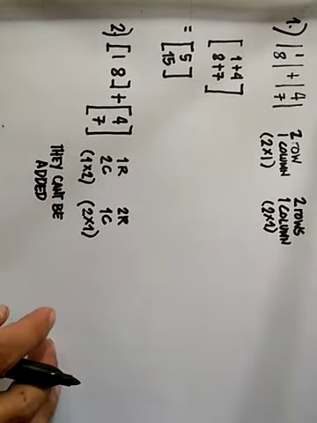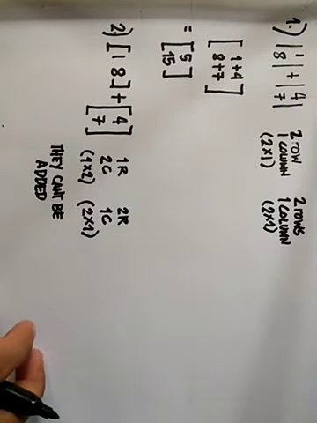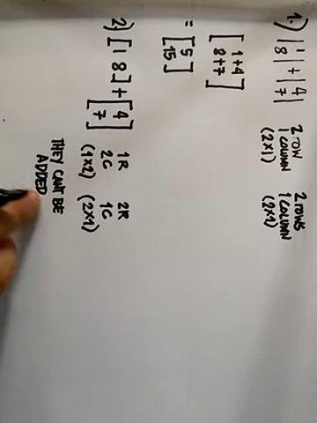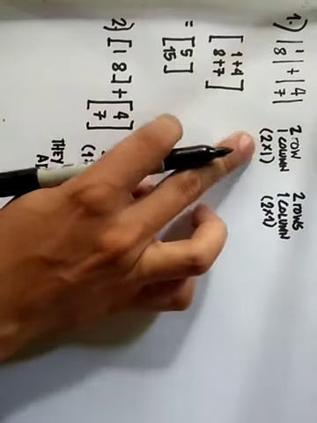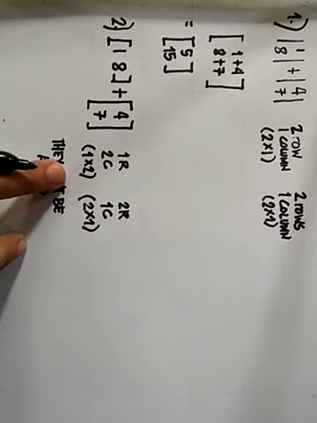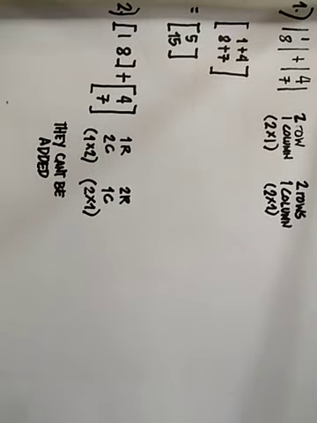Either way, kung yun man ay addition or yan man ay subtraction, they cannot be added or subtracted since they don't have the same order. So ito kasi parehas yung order na 2 by 1. Ito naman ay 1 by 2 and 2 by 1. So magkaiba sila kaya hindi sila pwedeng ma-i-add.